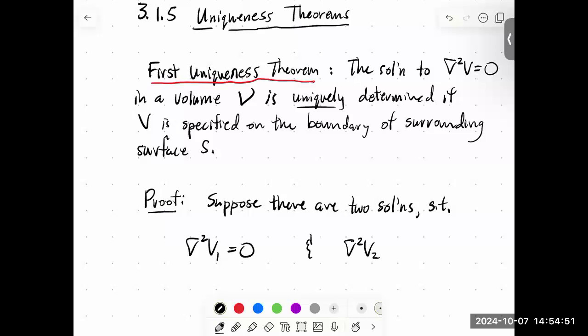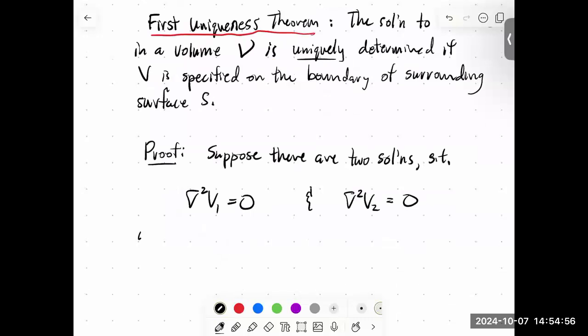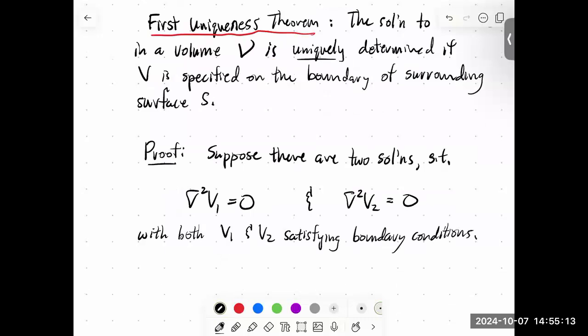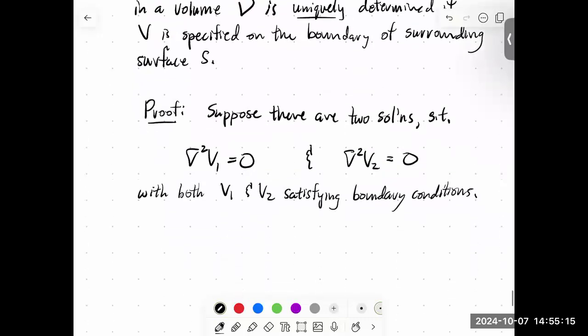And there's a second solution, V2, that also satisfies Laplace's equation, with both V1 and V2 satisfying the boundary conditions. Okay, so what we'll do is consider a potential V3 that we construct by taking the difference of V1 and V2.